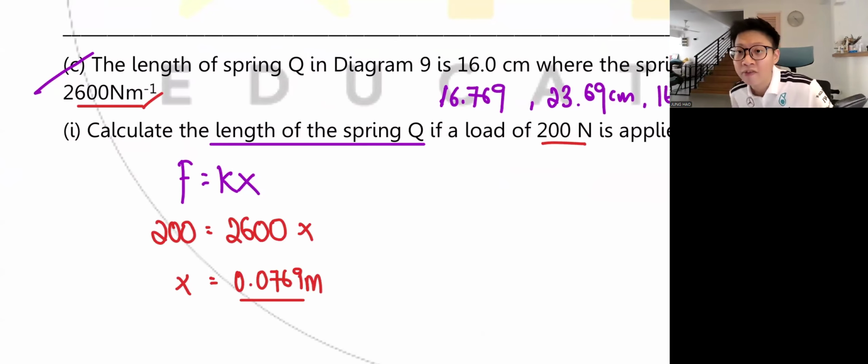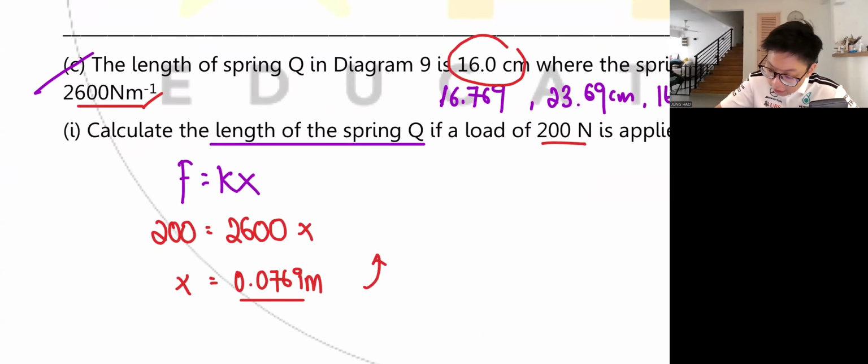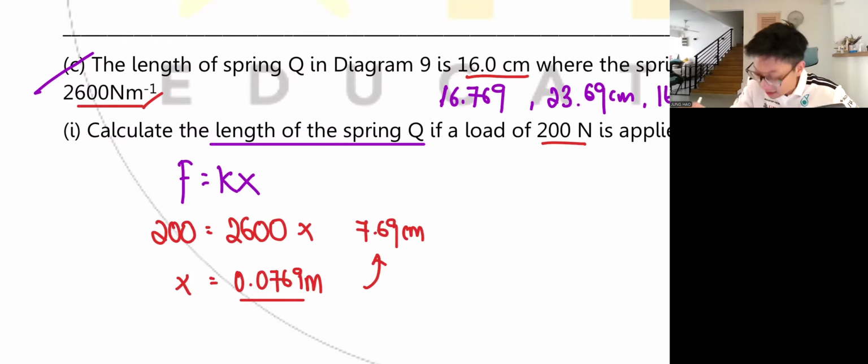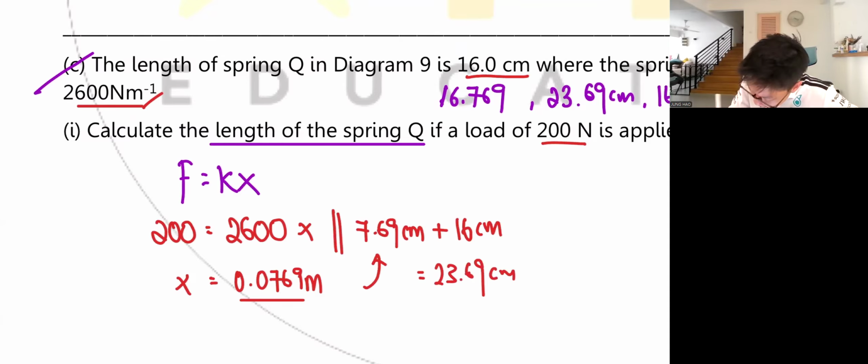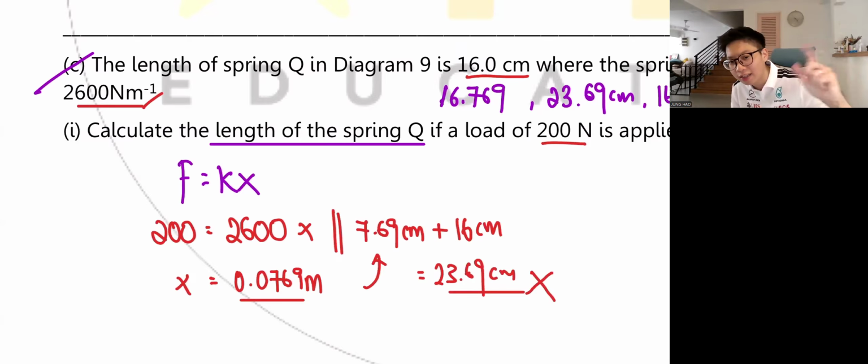Then I need to change this to cm first, because the 16 cm is in cm. So I get 7.69 cm. And then what is the next thing I do? I need to add back 16 cm. Correct or not? Then I get 23.69 cm. Okay guys, but this answer is wrong. Can anybody tell me why this is wrong?